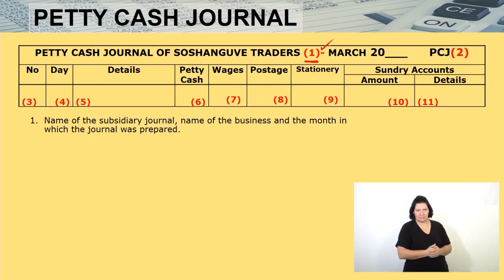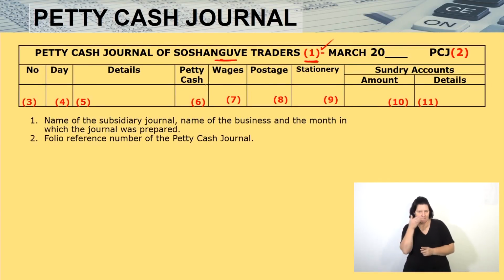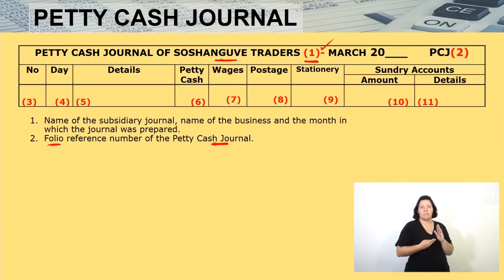If your business has a name, let's say it's called, like you see here, Soshangube Traders, that is the name. Then on number two, this is the folio reference number of the petty cash journal. Remember, it is prepared monthly, so it must have a folio reference number.